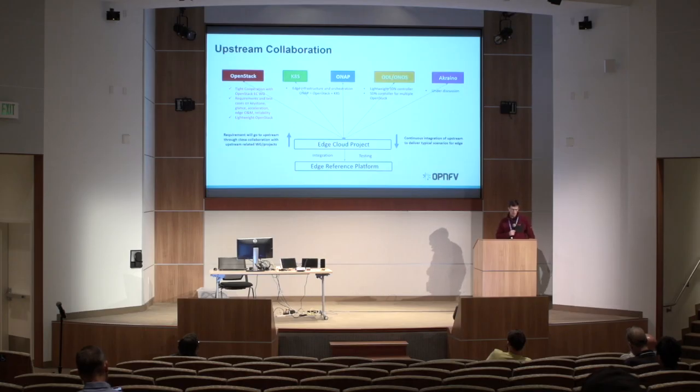And then image management with Glance, and acceleration technologies. And then there's also been some interaction, from the orchestration perspective, with Kubernetes, ONAP, then SDN controllers ODL and ONOS, and then some initial discussions with Akraino.